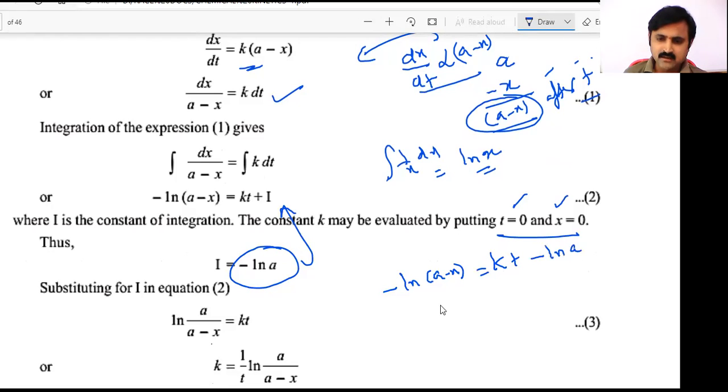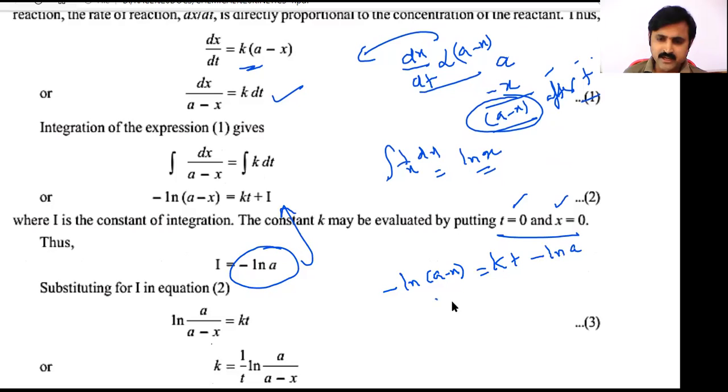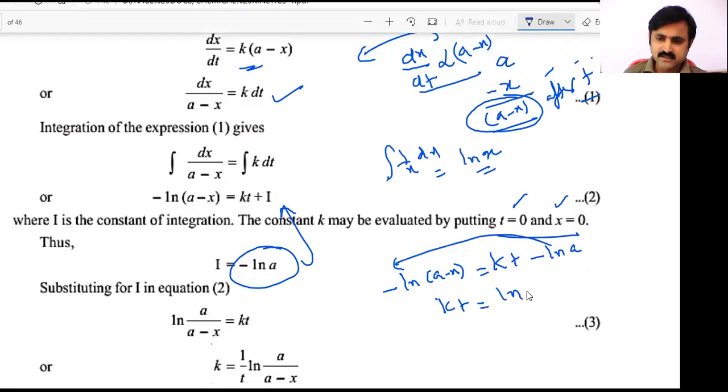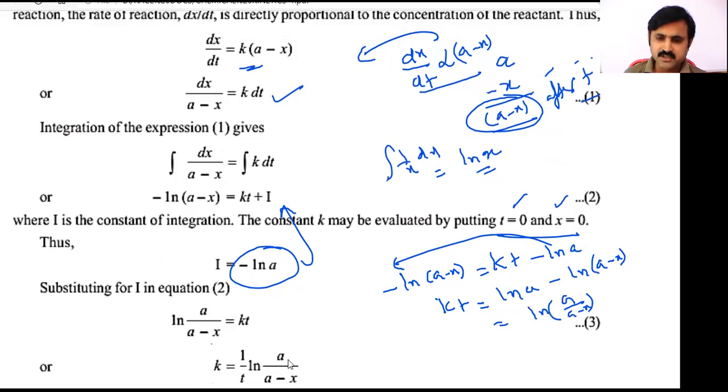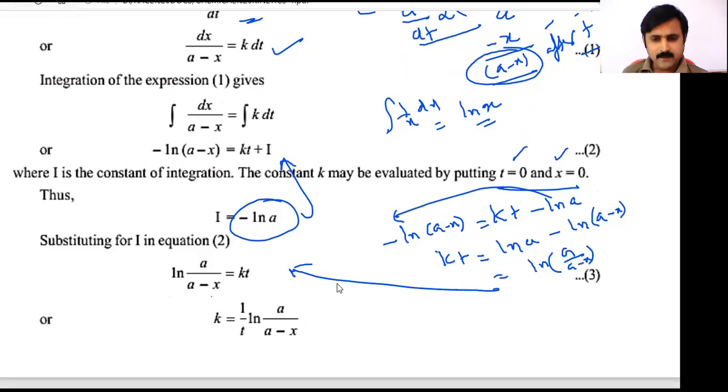So here, for kt, this ln a is separated from this side, then ln a minus ln a minus x has become ln a by a minus x. This is what is shown here. From that, the k value calculated is 1 by t ln a by a minus x.